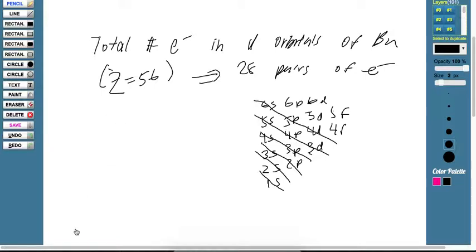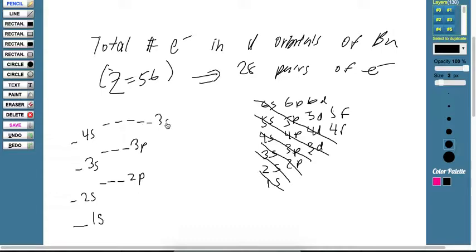So let's start drawing this out. The 1s, 2s, 2p, 3s, 3p, 4s, 3d, 4p, 5s. This is not going to be totally realistic, so we're going to drop down here for a bit.